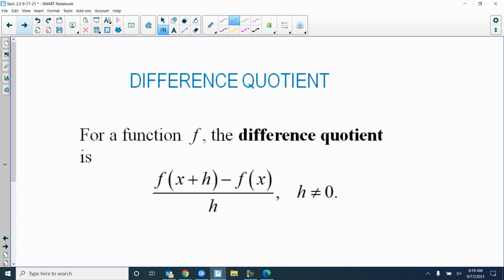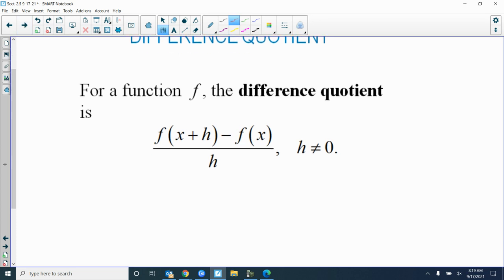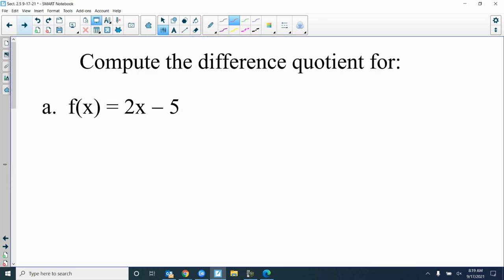Okay, basically all the first semester of calculus is based upon this little equation. Now, what we have to do is make sure you can do the algebra behind it. Okay, so we got to do that part. So we're going to take this function and we're going to find the difference quotient. So we're going to do f of x plus h minus f of x all over h.